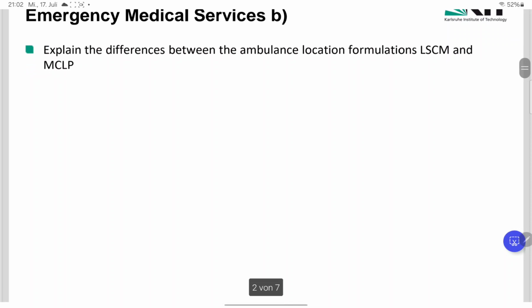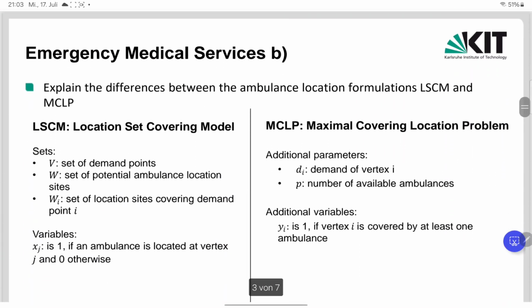Okay, next one. Explain the differences between the ambulance location formulation, the maximum, or let's say the LSCM, which is the location set covering model, and the maximum covering location model. Okay, what are the differences?